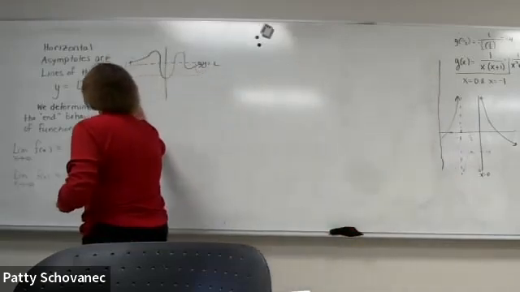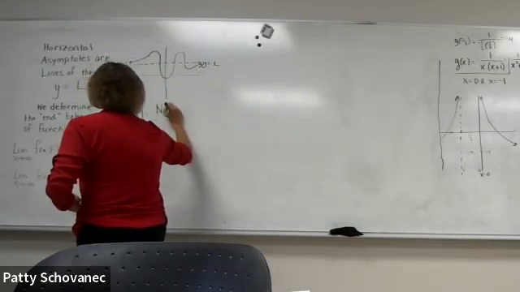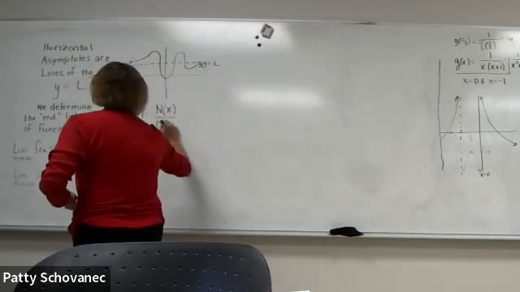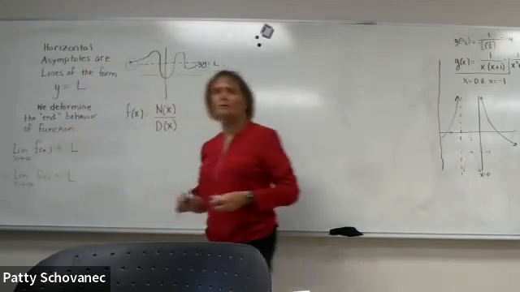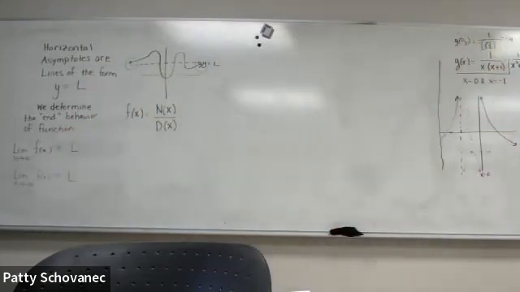So again, f is going to be a function that has the form, some sort of numerator and some sort of denominator. When x is a big number, if the numerator grows faster than the denominator for a very large x, then there's not going to be any asymptotes.